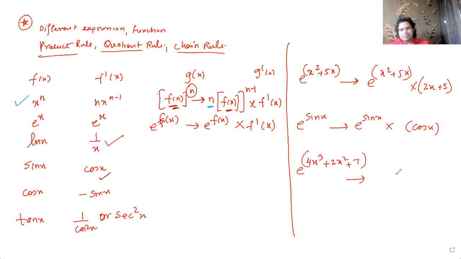When you differentiate this, it'll be e to the power 4x cubed plus 2x squared plus 7, first step as it is, but times the derivative of f(x), which is the child function, which is 12x squared plus 4x.